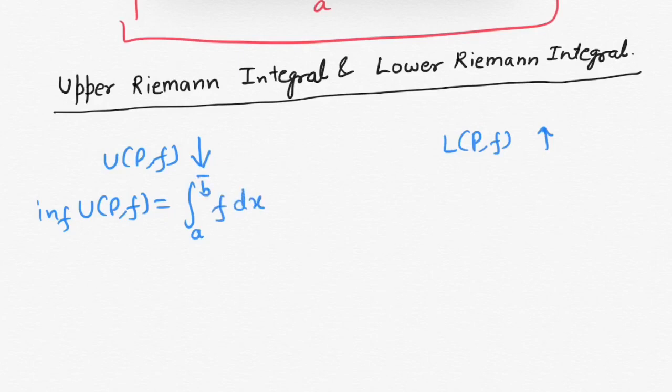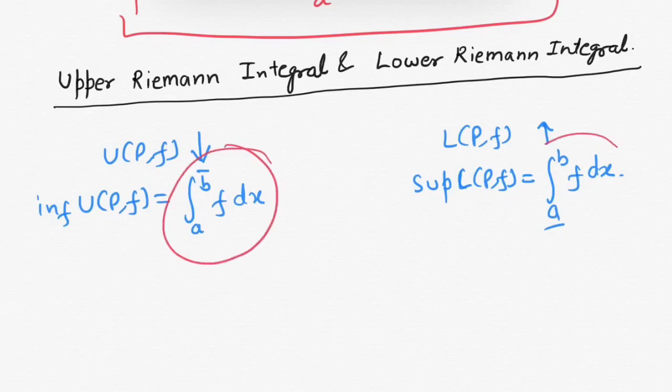And the supremum of the lower Riemann sum L(P, f) is known as the lower Riemann integral, denoted by the lower integral from a to b of f dx.